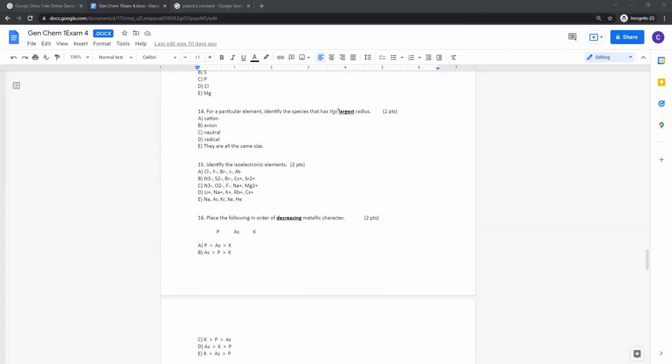So nitrogen has the electron configuration of helium, 1s2, 2p3. Well, if I go to N3 minus, I get 3 more electrons. So N3 minus is 1s2, 2s2, 2p6, or neon.